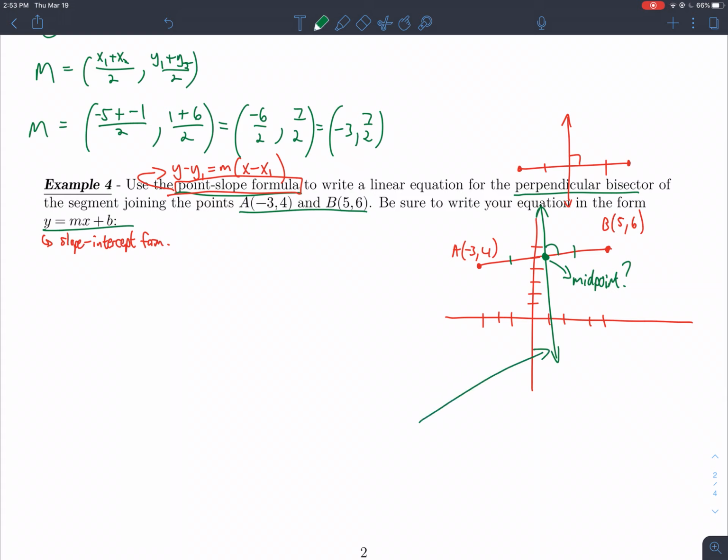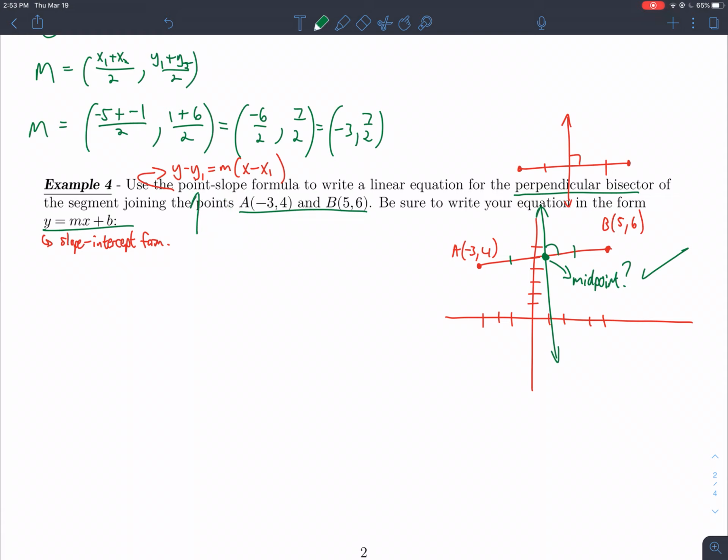And there's a hint here: use point slope formula. If I have a point, a midpoint on the segment, then all I need is the slope and then I can find the equation of the line. So let's do that part first.